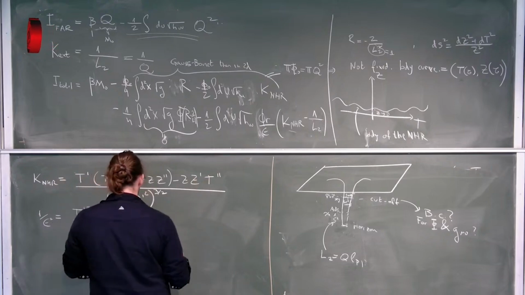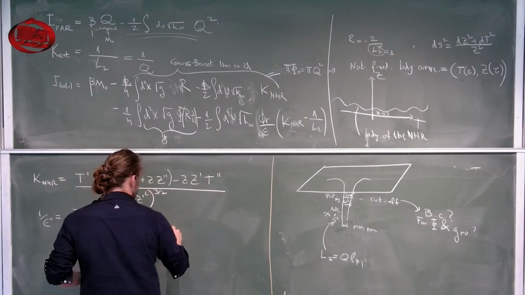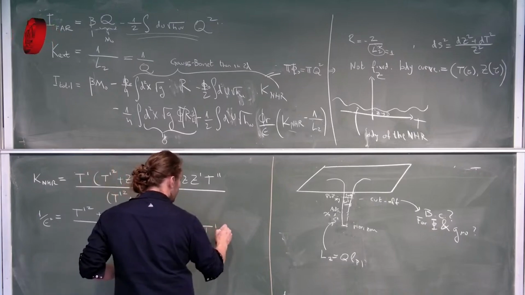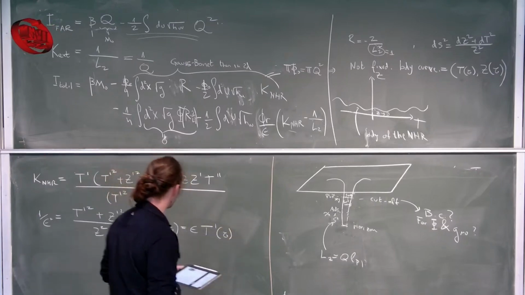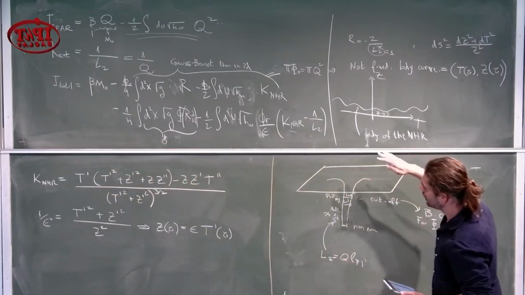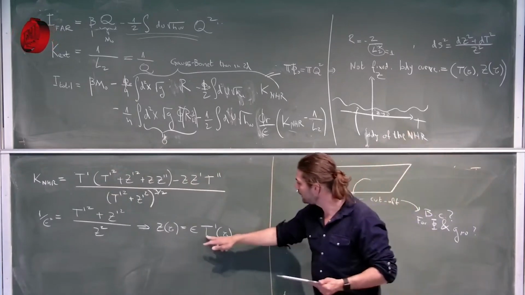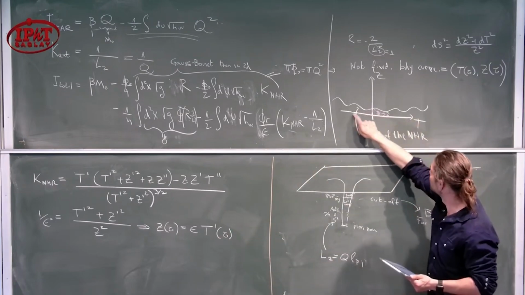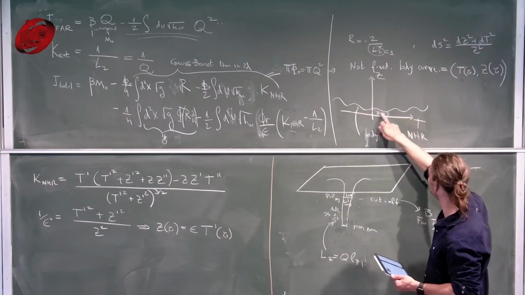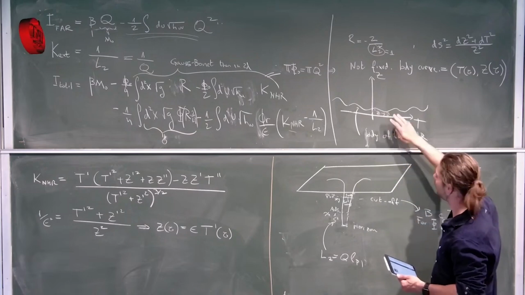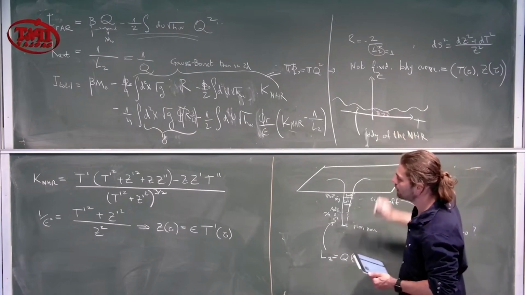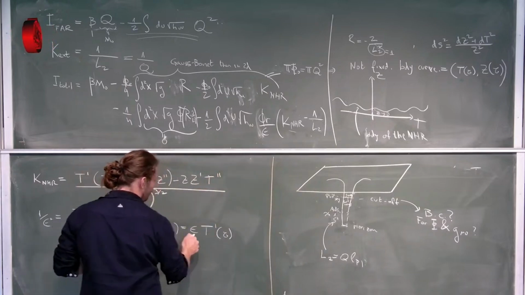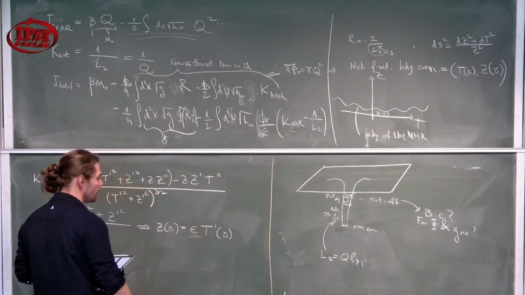Namely, to leading order in epsilon, Z of tau can be expressed as epsilon times T prime of tau, which means that as T changes along this direction, parameterized by tau, Z changes a little bit, but it's still very close to the asymptotic region of AdS2. So it's very close to Z going to 0.